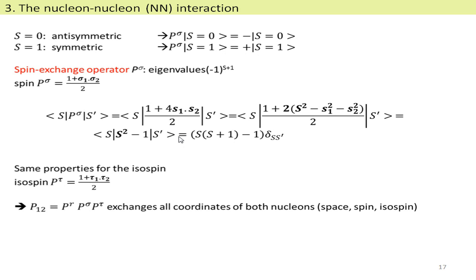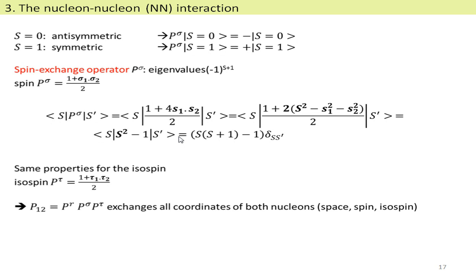So P sigma exchanges the two particles in some states, and for S equals 0, we know that it will change the sign. For S equals 1, we know that it will not change the sign. So this spin exchange operator has eigenvalues which are -1 to the power S plus 1. You can easily see that from here.